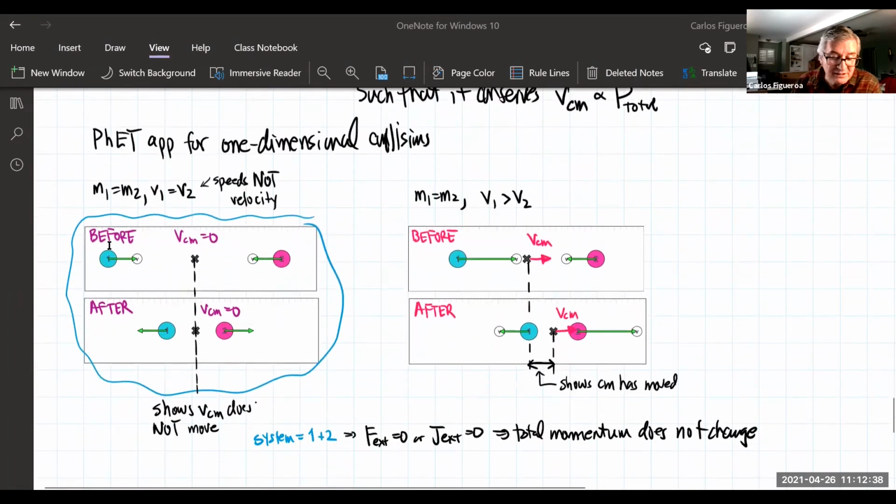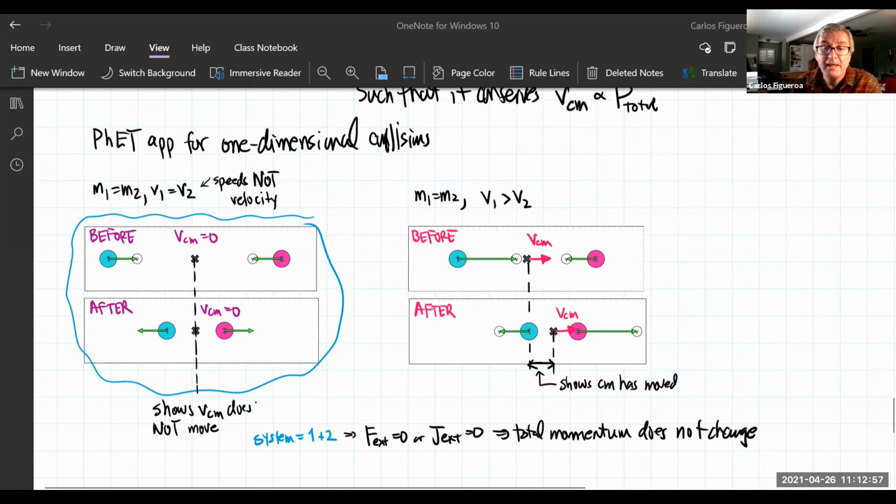And what we did here is that we looked at that applet. If I had the same mass and the same speeds, then V center of mass won't change. But if I had different speeds or different masses, the center of mass continued to move in a particular direction.